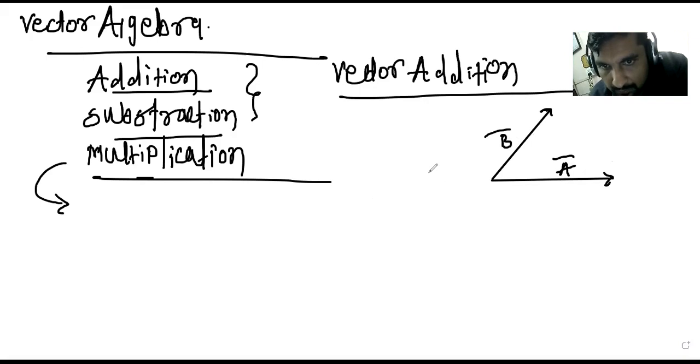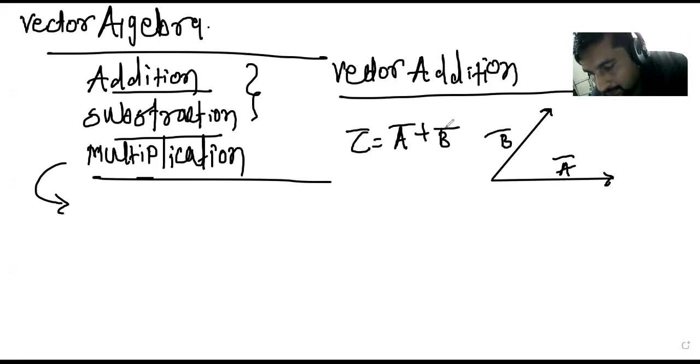We always know that if we add those two vectors, you will get some result. So let us say C bar is the final output of this addition. So A bar plus B bar is equal to C bar. And in the graphical representation, this is C, which is the resultant of the addition of vector A and vector B.